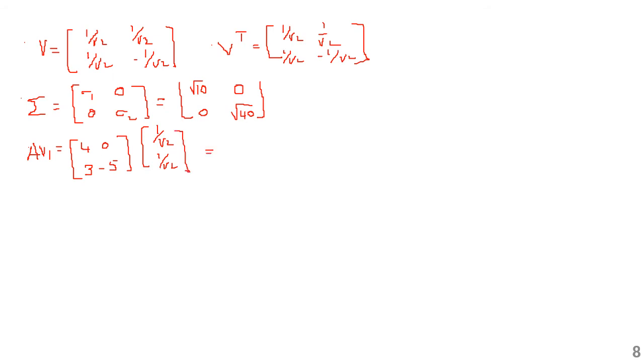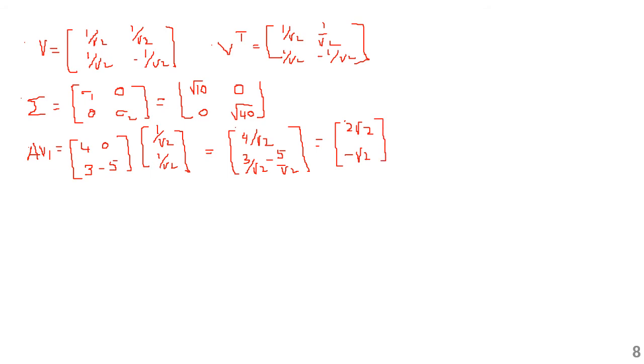That gives you 4 divided by root 2, 3 divided by root 2 minus 5 divided by root 2. That gives you 4 divided by root 2 is 2 root 2, and this is minus 2 divided by root 2, you get minus root 2.